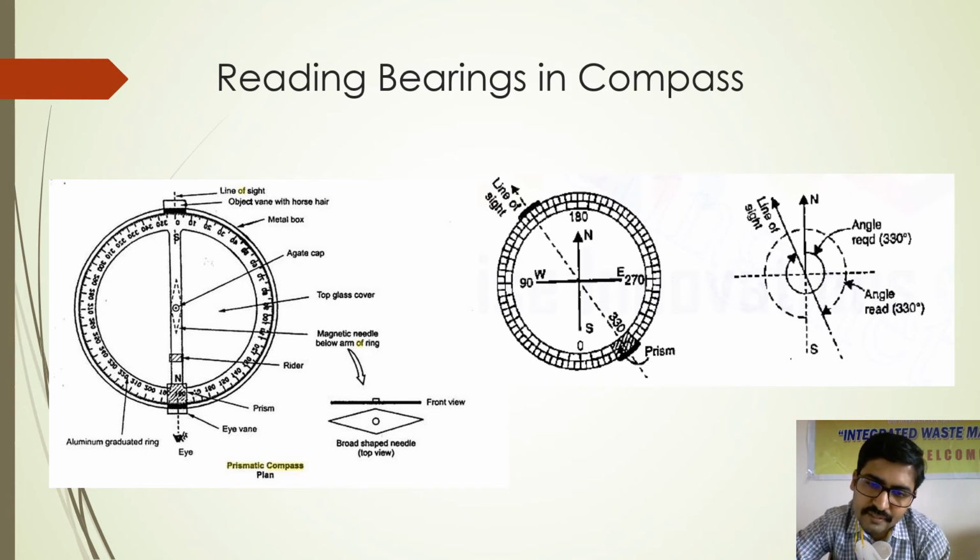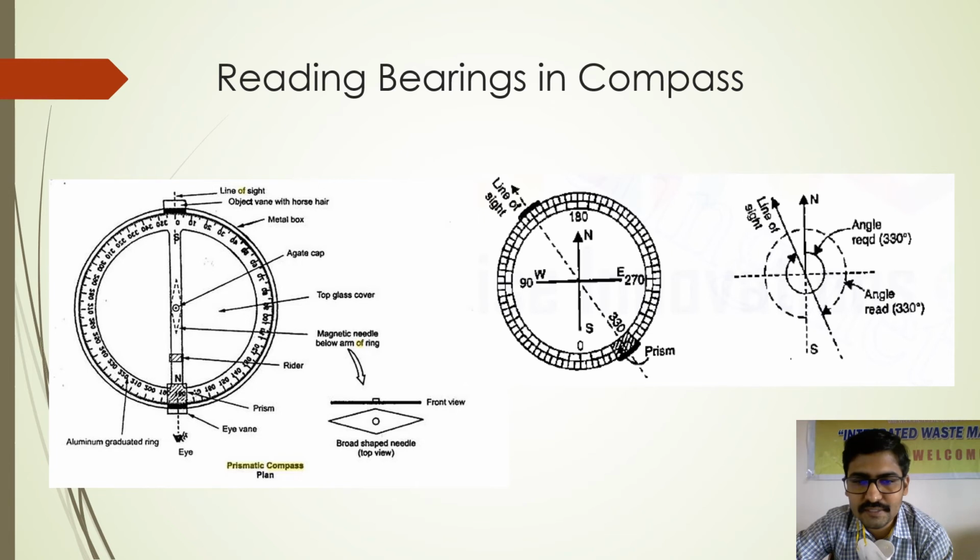So when you rotate your compass so that you have this line of sight, remember that when you rotate the compass, neither the magnetic needle nor the graduated circle rotate. They will remain in the same north direction, because the magnetic needle cannot have its position other than north.